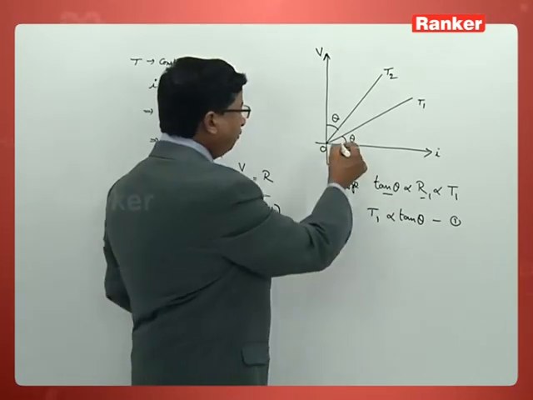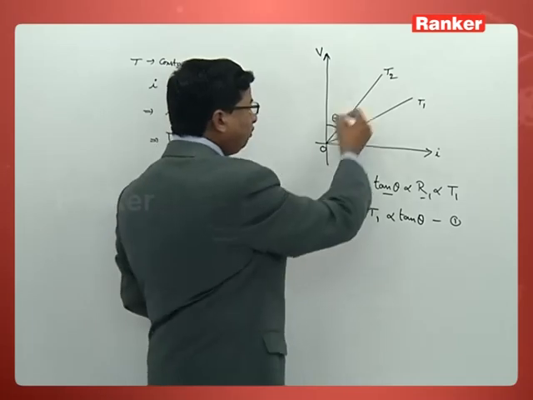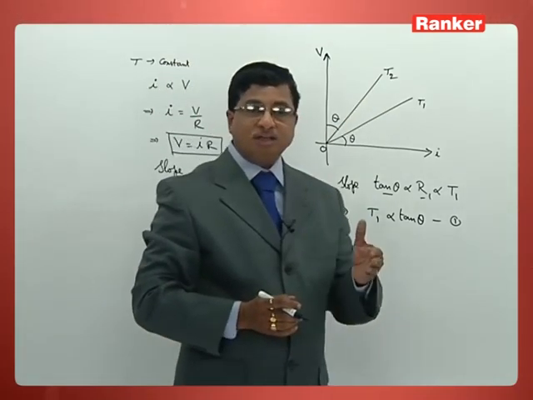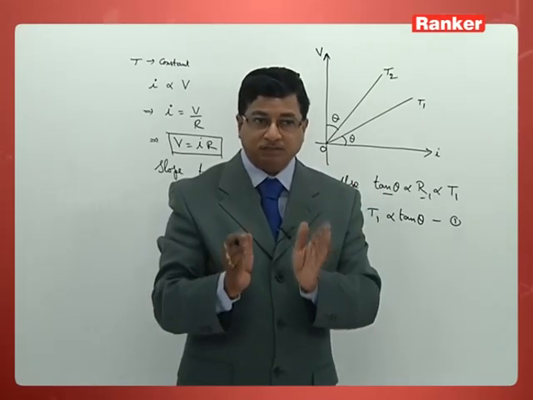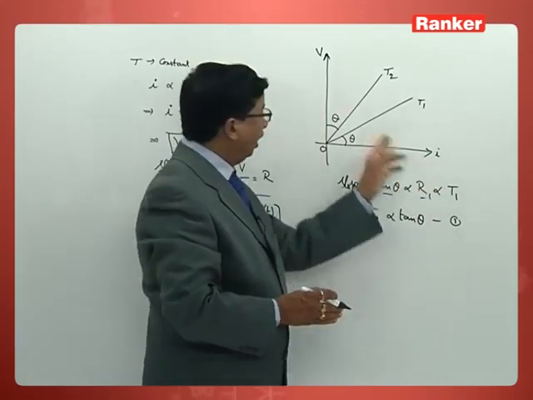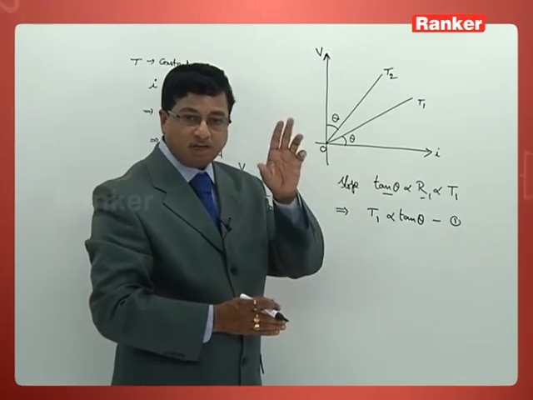Now check carefully the second straight line. This is also a straight line graph. That also gives us the linear relation between V and I. In the sense, when V increases, I also increases, and V by I remains constant at that particular temperature.